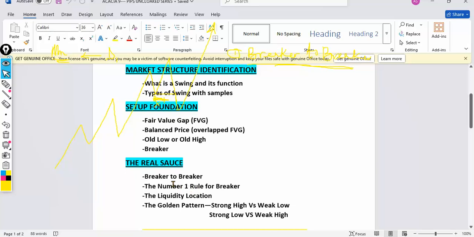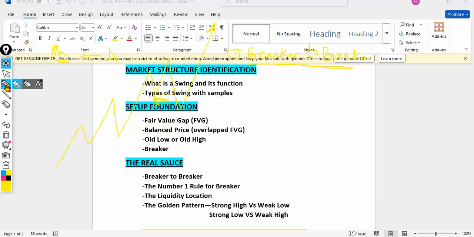Always remember that a higher time frame, lower time frame break of market structure is less important or less relevant to a higher time frame break of market structure. So that's why we call it the breaker to breaker principle. The breaker on higher time frame is more important than the breaker on lower time frame.